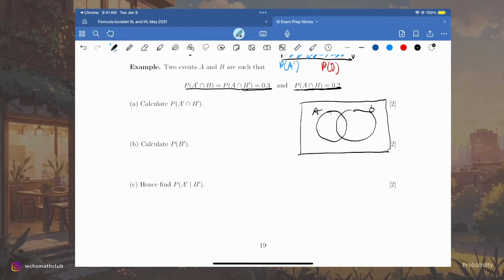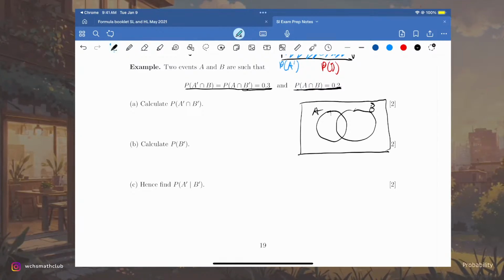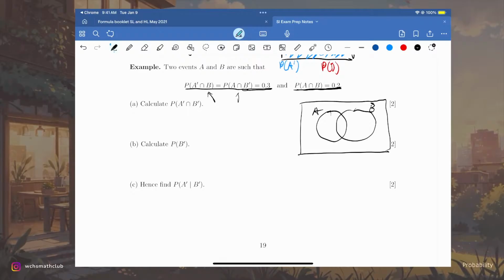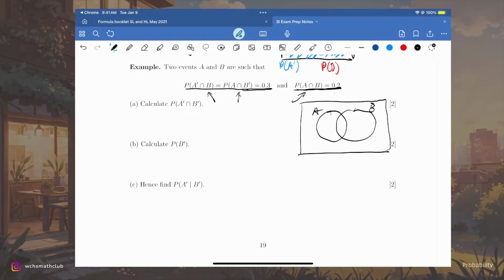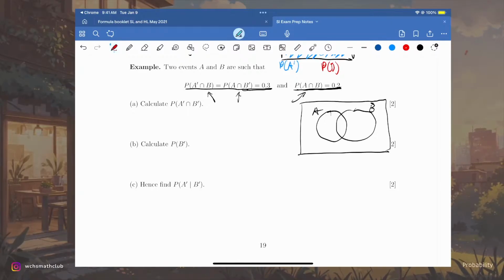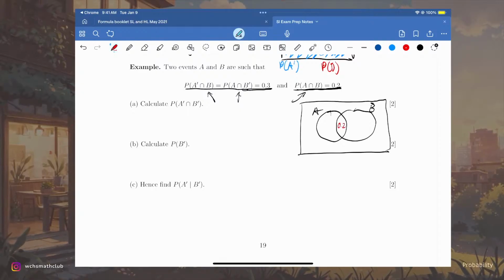A and B. So first we're going to want to know what all of these quantities mean in relation to the Venn diagram that we've just drawn. So A intersect B, that's just the probability of A and B both happening. So that would be the middle one here, 0.2.